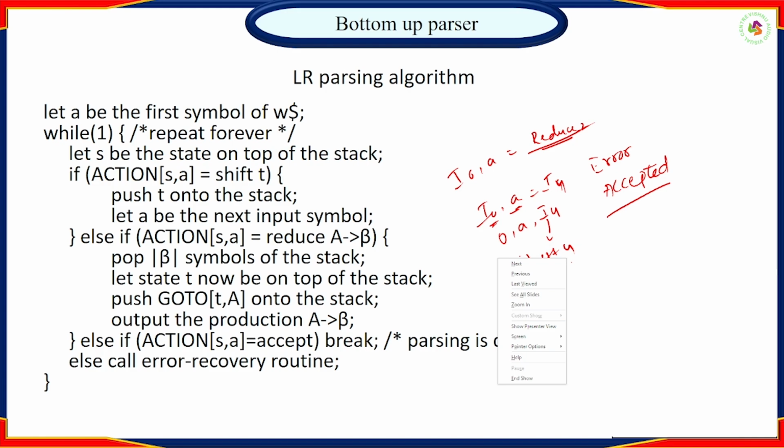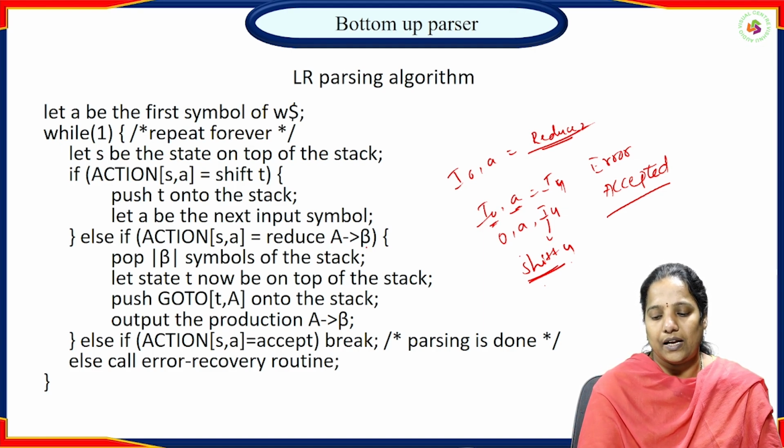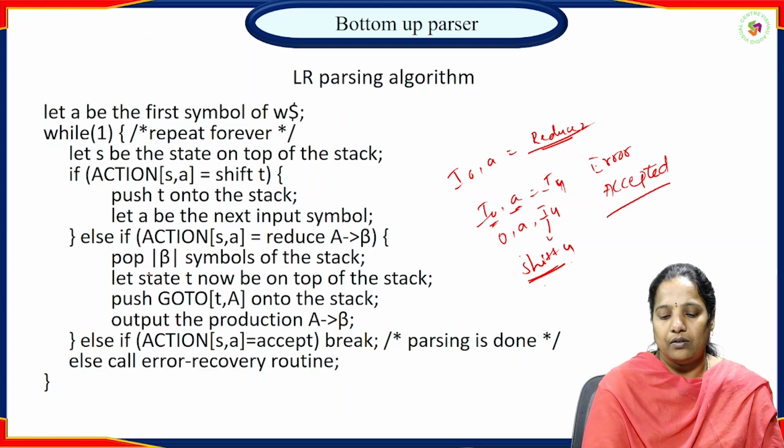Otherwise, if for the given item and the given input symbol we have the action as reduce, then we need to reduce the top of the stack with the left hand side non-terminal. If A tends to beta is there, then we need to pop 2 into beta symbols from the stack.